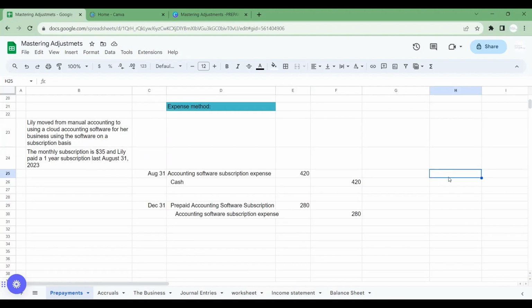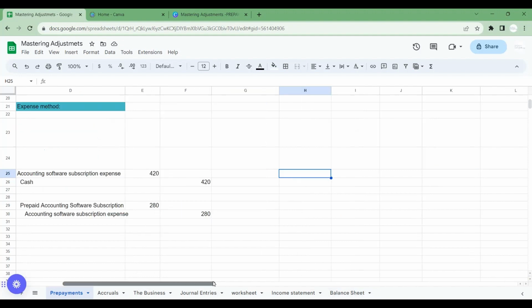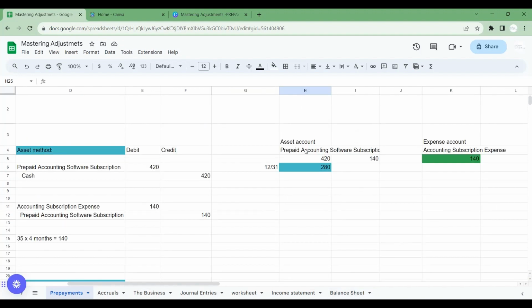So let's go ahead and plot this to the T account so we can see.